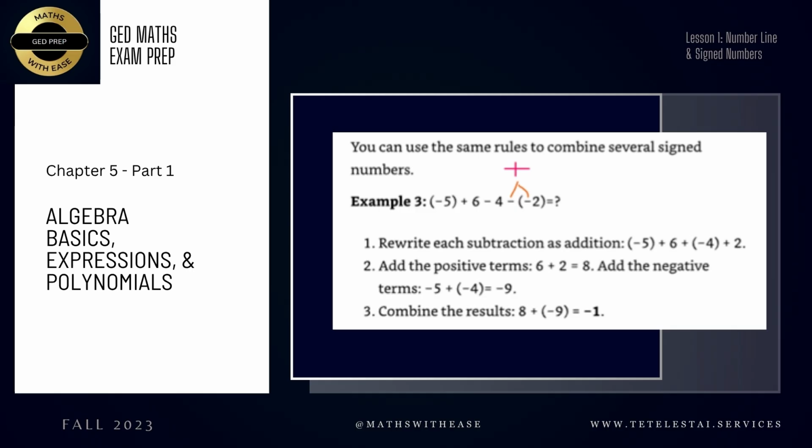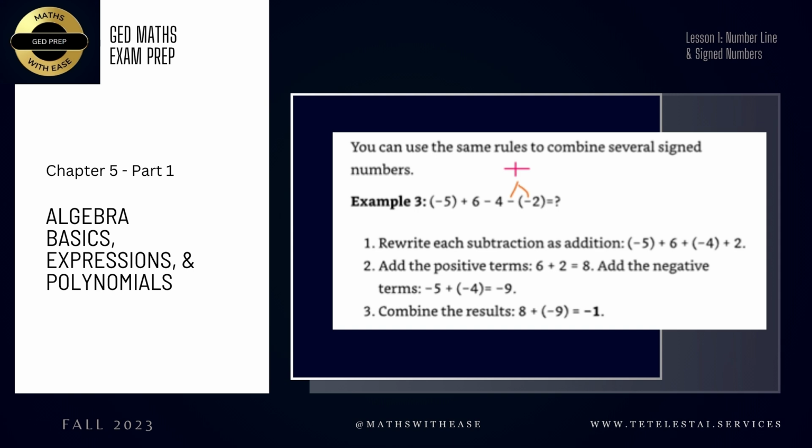Anytime you see two negative signs right next to each other like this, it automatically becomes positive. So I drew this in there to help you see where this +2 is coming from, okay? So 6 plus 2 is 8. So those are our positive numbers, right?